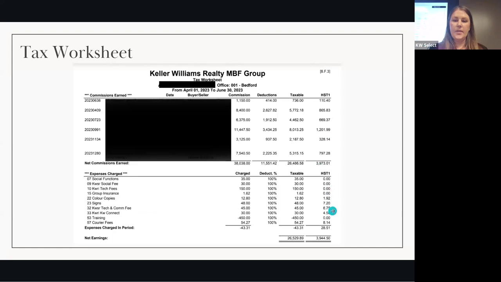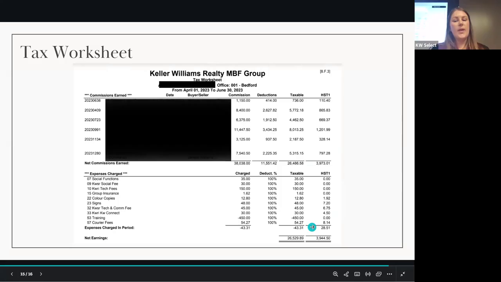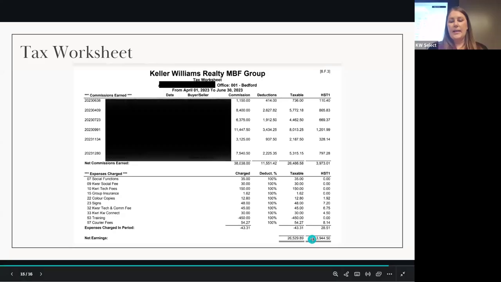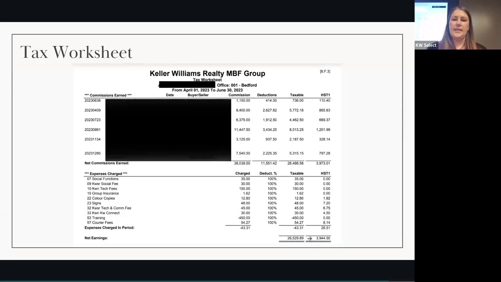And the important part is how much HST you paid on those expenses. So in Q2 of 2023, this person earned nearly $4,000 of HST, and they paid through KW $28.51. That leaves them owing $3,944.50.